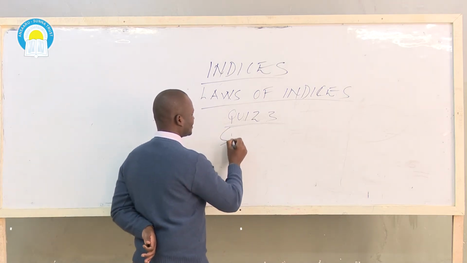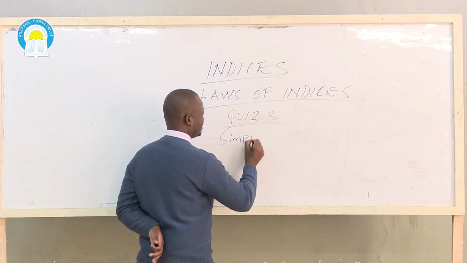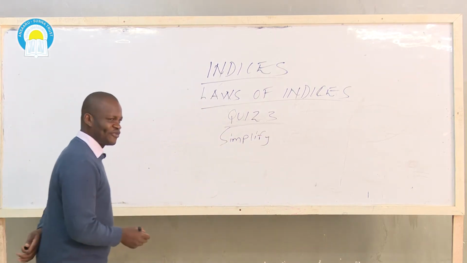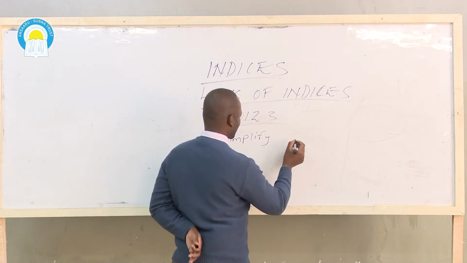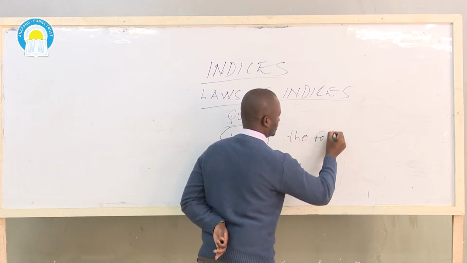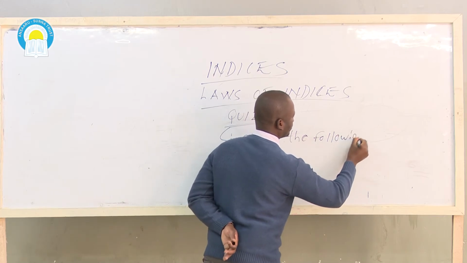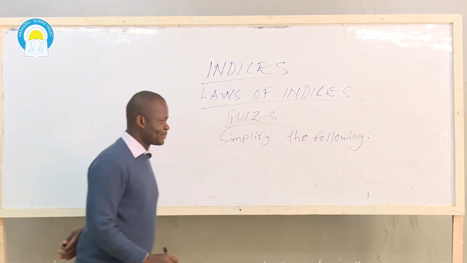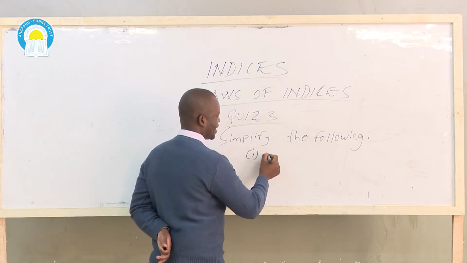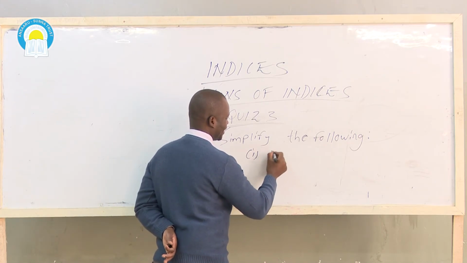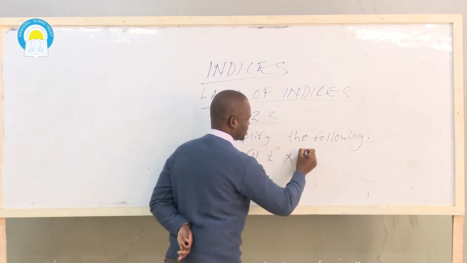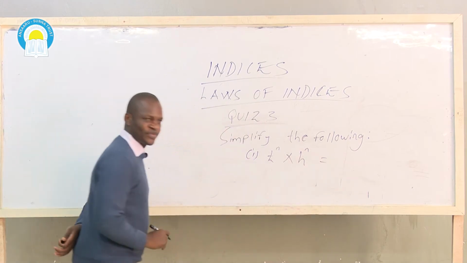Now, the question is similar in terms of the way it has been framed to the other previous question. So simplify the following. Roman 1, we have t power n times h power n.